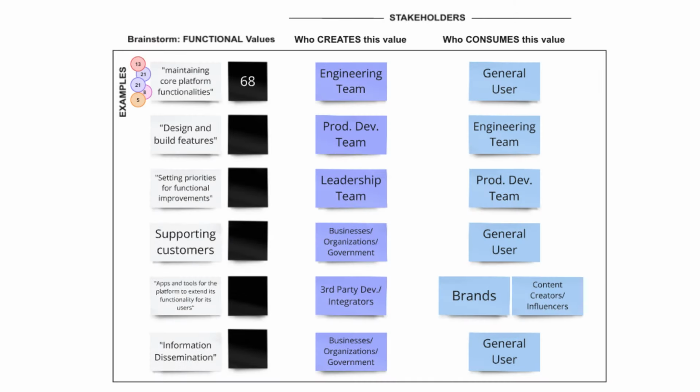Let's begin to think of the functional values of Twitter. First of all, the service should be up and running all the time, right? So maintaining core platform functionalities is a functional value, and it is created inside Twitter. So who creates this value? Obviously, I don't know how they name their department, so I gave a generic name of engineering team.